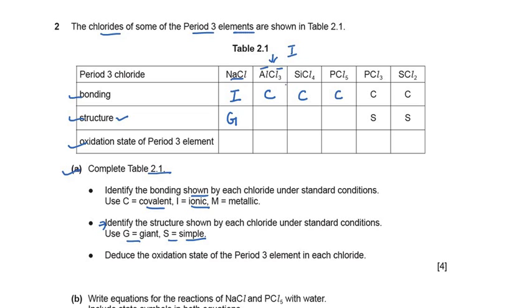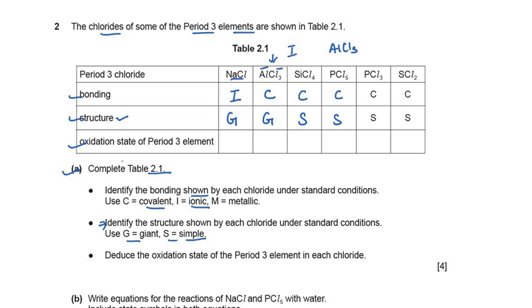AlCl3 is covalent, so somebody might think it has a simple molecular structure, but actually AlCl3 doesn't exist as a single molecule. It always exists as dimers, and that also in solid form. So one dimer is bonded to another dimer in a giant structure itself. So again, it's a giant, but the remaining compounds are all going to be simple molecular structures, so I'm writing just S.